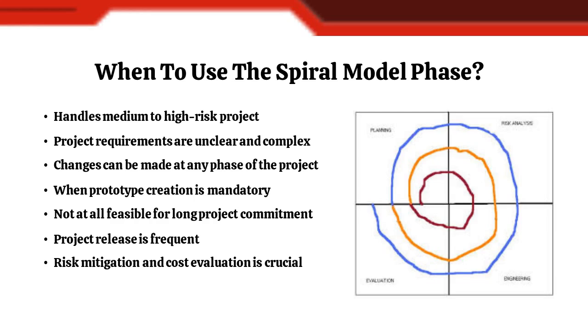Finally, if risk mitigation and cost evaluation are crucial, spiral is the right choice since these are built into every phase. So, in short, the spiral model is best for complex, high-risk projects where flexibility, risk control and client feedback are essential.